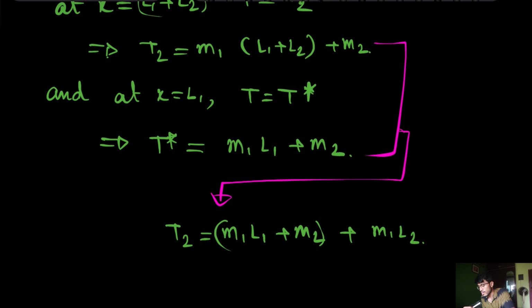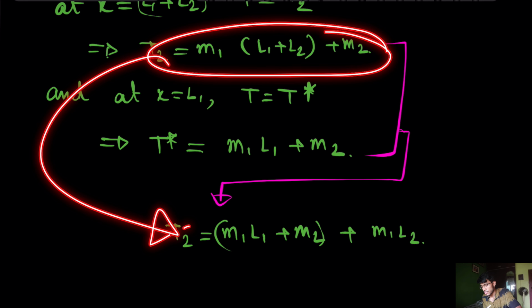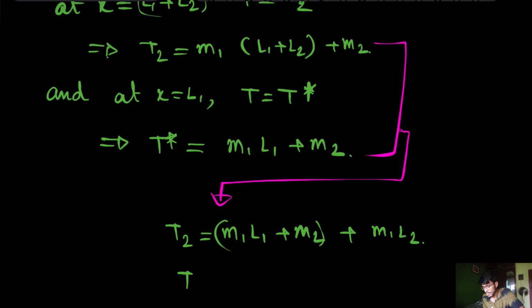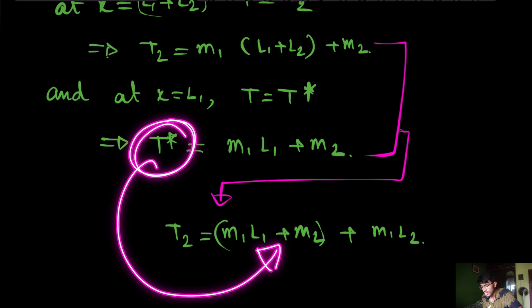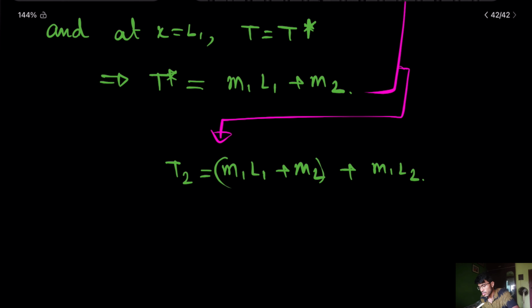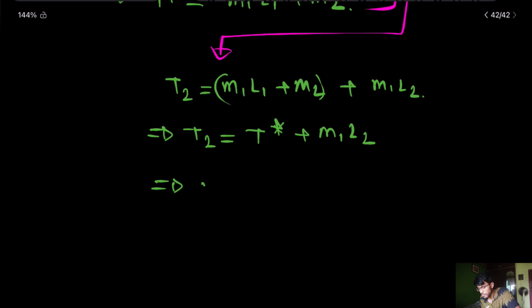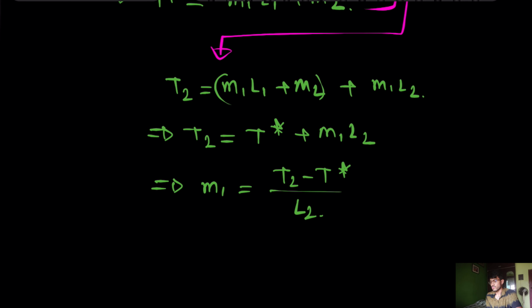This I have written from this equation, clear? And T star is equal to M1 L1 plus M2, so I can put this value of T star here. That will be T2 is equal to T star plus M1 L2. That means my M1 is equal to T2 minus T star by L2.